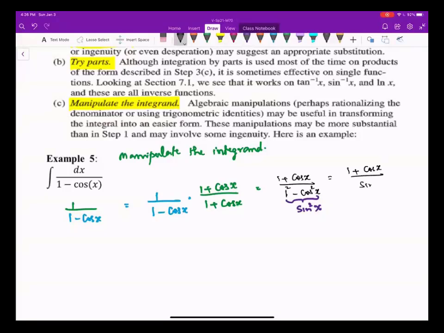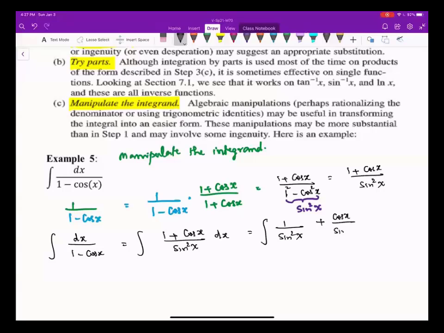Now we write the integrand dx over 1 minus cosine x in the revised form, 1 plus cosine x over sine squared x. Now we can break the integrand into two parts: 1 over sine squared x plus cosine x over sine squared x.